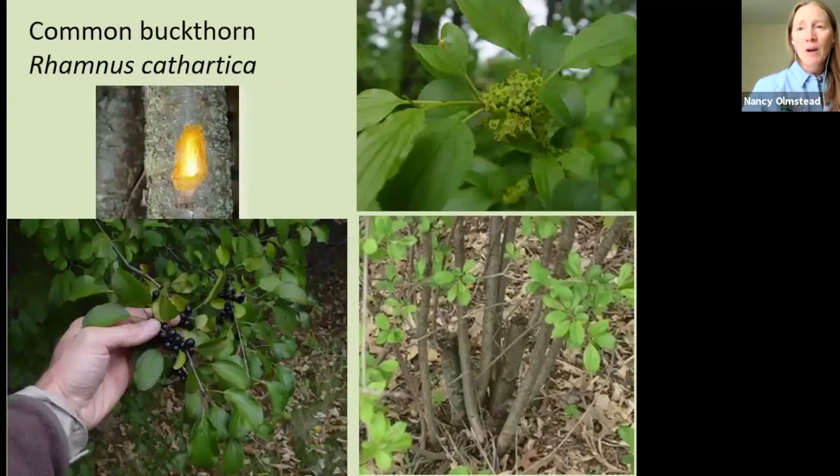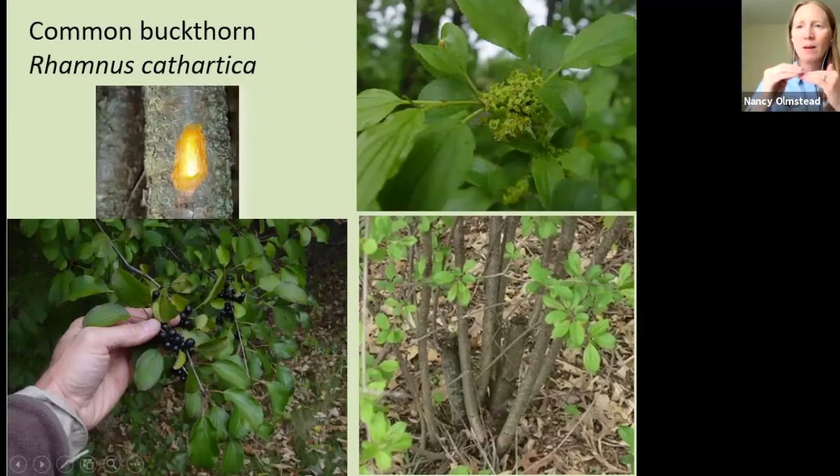Common buckthorn is a trickier plant to identify because it looks like a lot of our native species. You can scrape the bark with a penknife, and on a larger stem, maybe 2 to 3 inches or larger, you can see this orange underbark, which is a helpful identification clue.